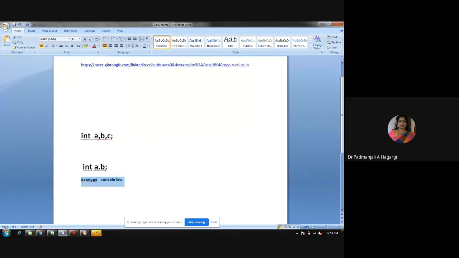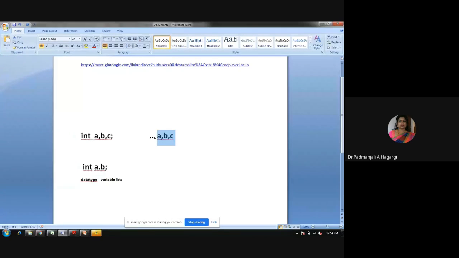The second rule is also satisfied, and the third rule is that it should generate a semantic, meaning it should generate a proper meaning. The meaning of this code is that a, b, c are the three variables or three operands, and these three operands are utilized for integers.